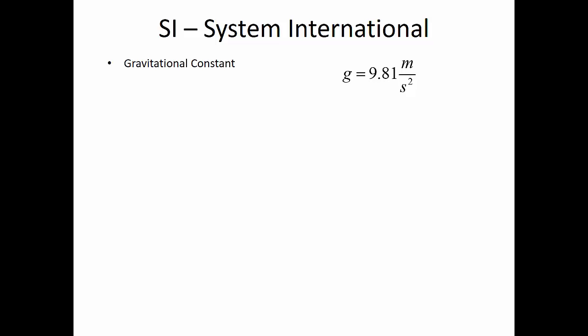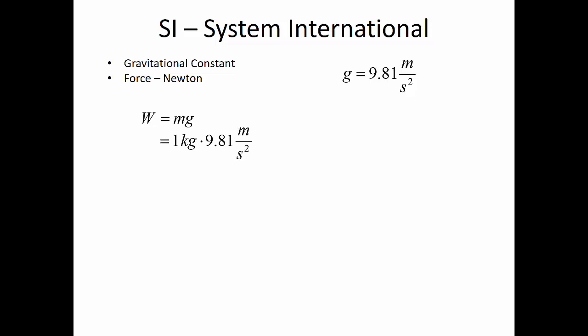For the SI system, when we talk about the gravitational constant, we're talking about the acceleration of an object due to gravity, or the gravitational pull of the Earth. We use a value, g, that has been found to be 9.81 meters per second squared. A force is represented with a newton. But a weight is also a force. A weight is equal to a mass times an acceleration, but in this case the acceleration is the acceleration due to gravity, g.